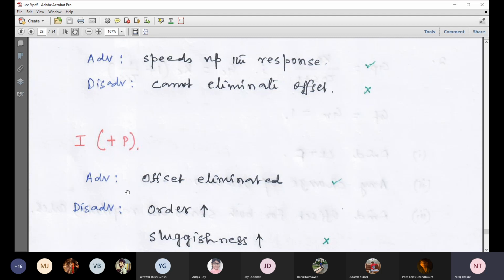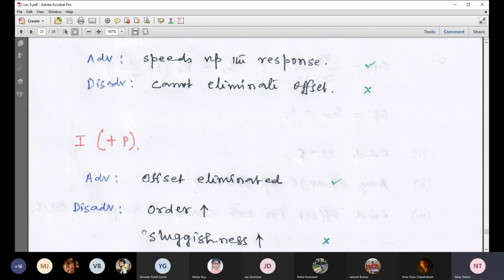So we want to eliminate offset. For that, we can consider integral action. But there is a drawback. What is that? For a first order system, if we add integral action, our order increases by one. And order increases means sluggishness increases. So what can we do for this?